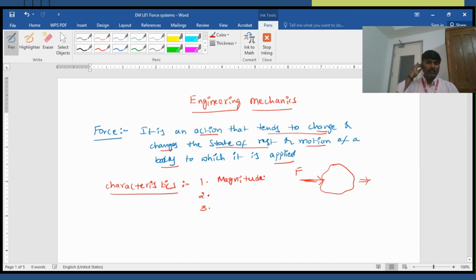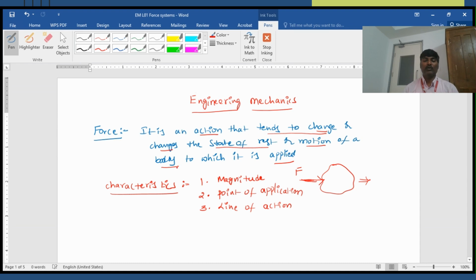Okay, so magnitude is a character of a force. Second one is point of application. Third one is line of action. Okay, so these three are very basic fundamental characteristics of a force.